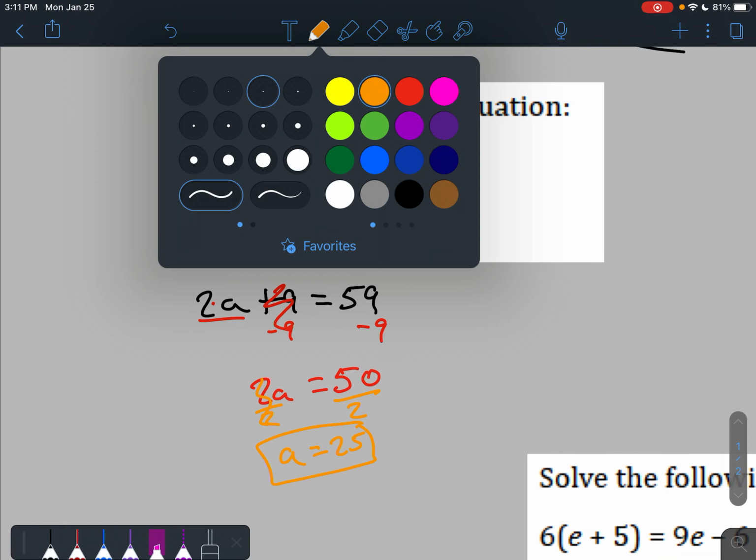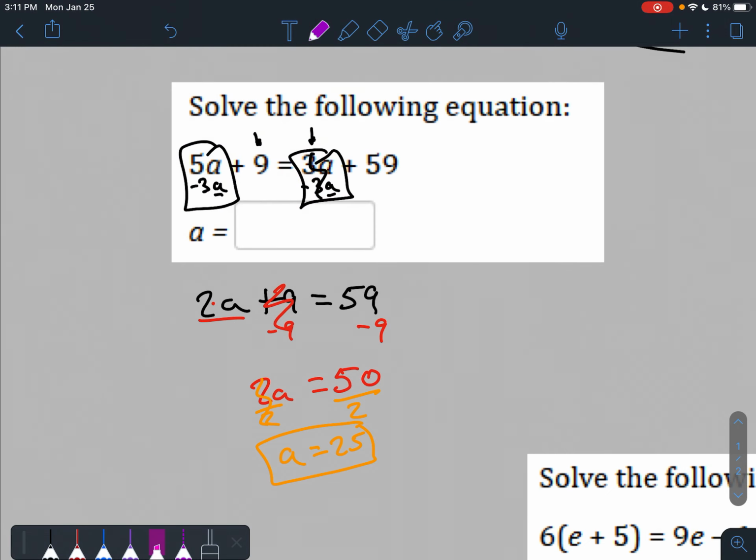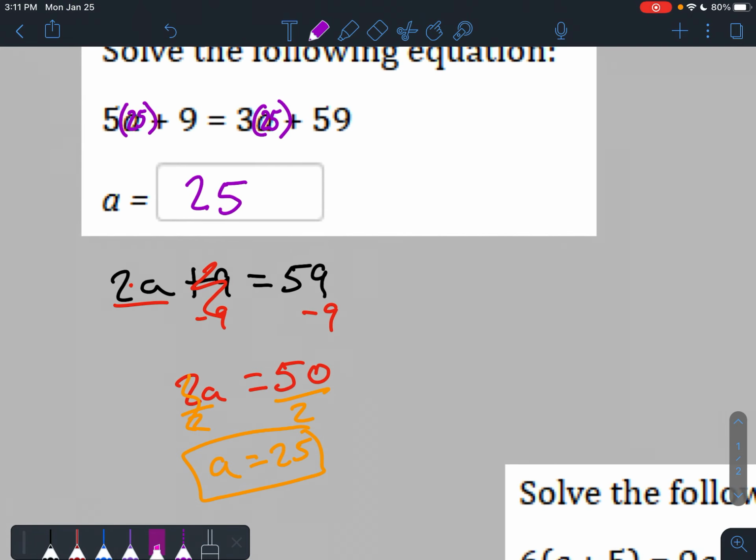Now, I know that a equals 25. What I can do, and we'll do this one time and one time only, is go back and plug it into the equation. So it's a good idea for you to always do this. For the sake of time, I will not. So here what we're looking at is 5 times 25 plus 9.